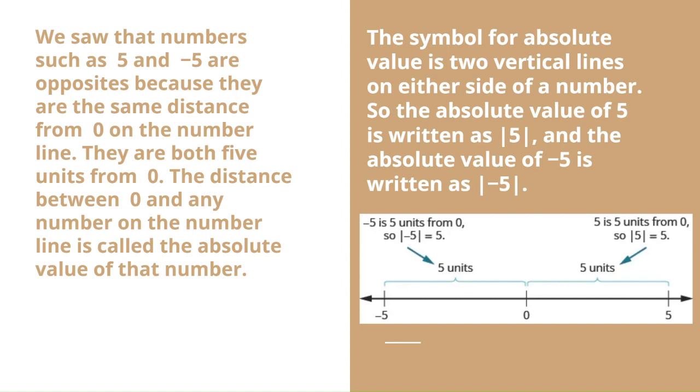The symbol of absolute value is two vertical lines on either side of a number. So the absolute value of 5 is written as this, and the absolute value of negative 5 is written as this one. The picture below shows that negative 5 is 5 units from 0, so the absolute value of negative 5 is 5.